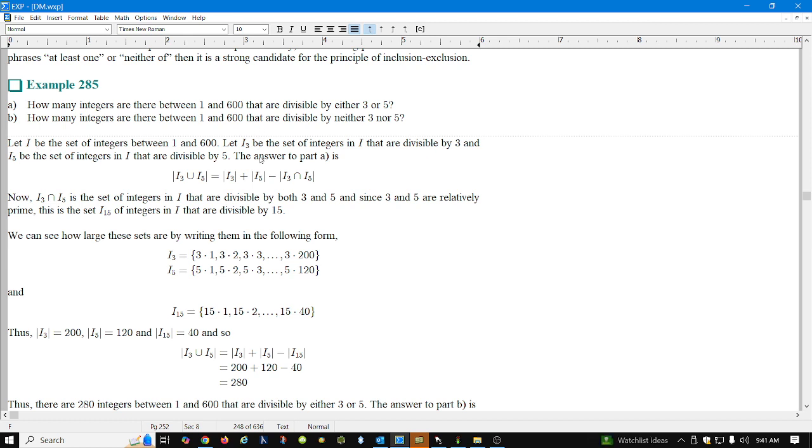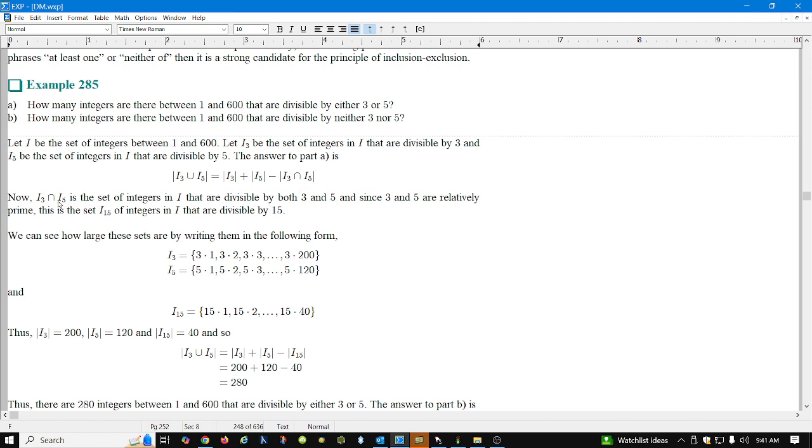I sub 3 be the set of integers in I that are divisible by 3, and similarly for I5. So the answer to this question would be the size of the union, either divisible by 3 or by 5, and that's equal to this by the principle of inclusion-exclusion.